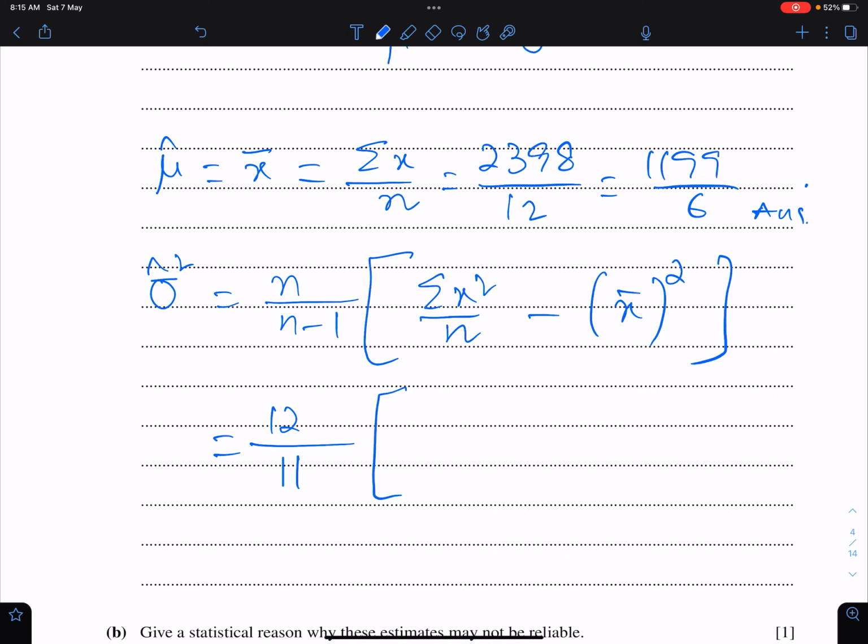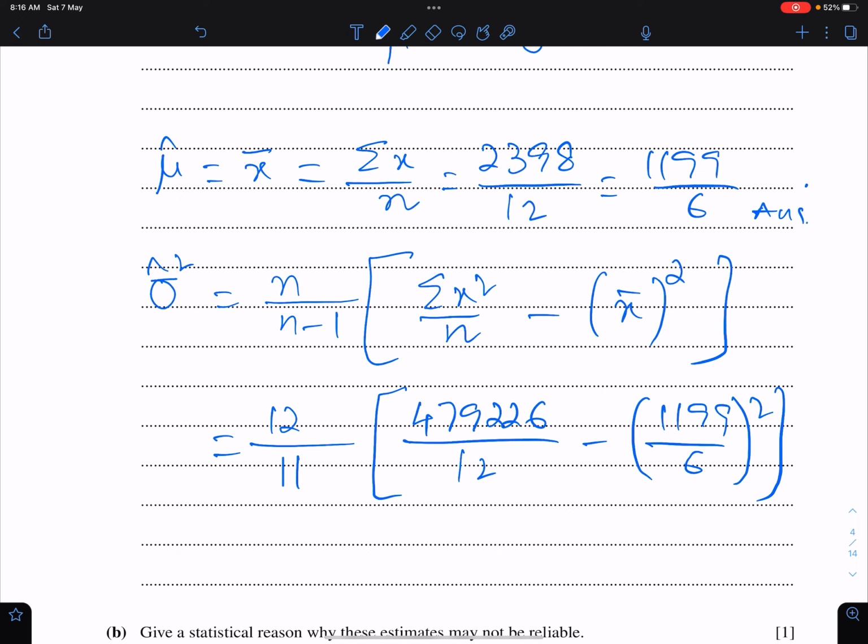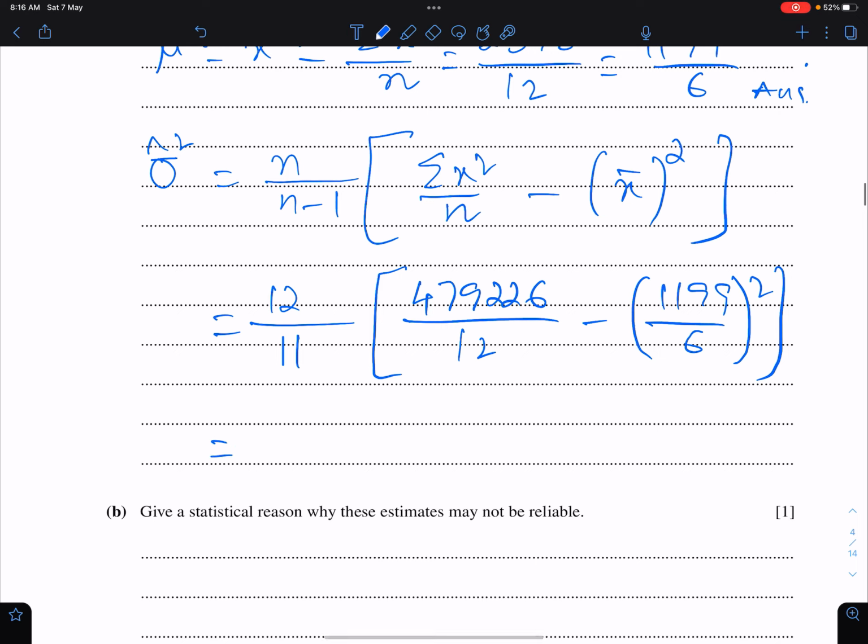Sigma x square of this data is 47926 over 12 minus 1199 over 6 whole square. Hence, the final answer up to 3 significant figures is 2.33. This is sigma cap square.